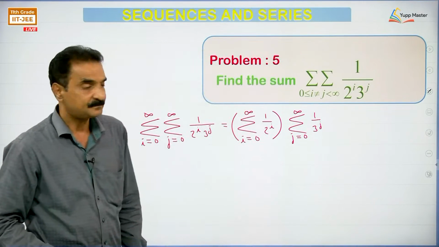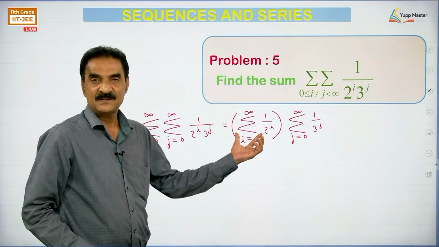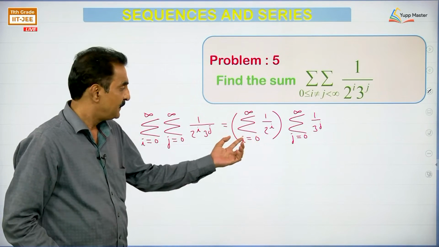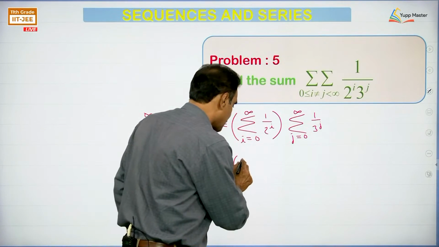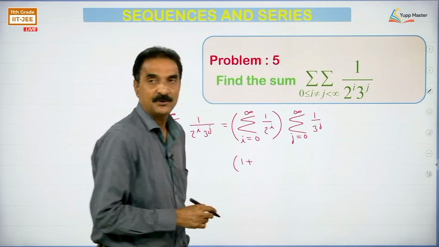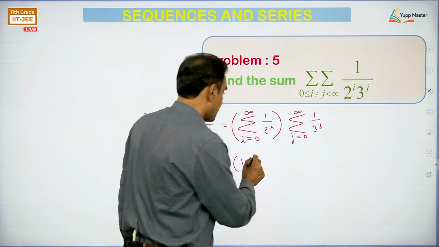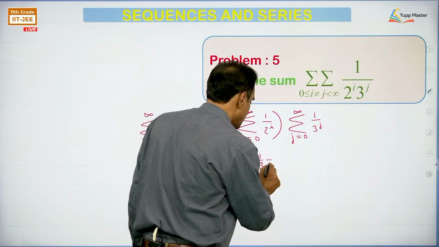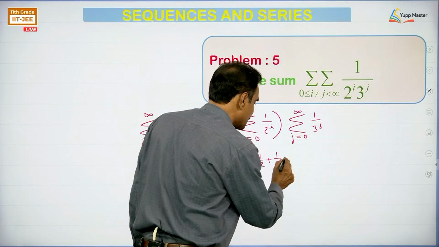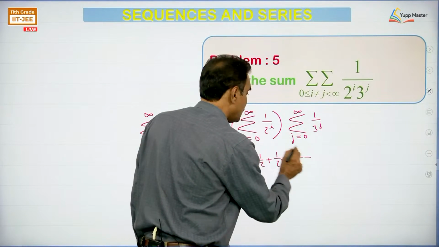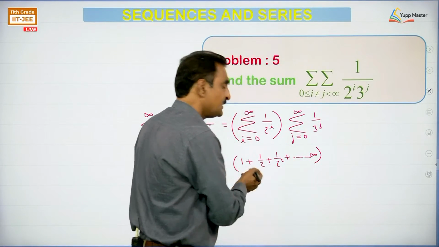All right. Now, if you expand this sigma, for i is equal to 0, you will get 1. For i is equal to 1, you will get 1 by 2, next 1 by 2 square and so on till infinity, which is infinite GP.